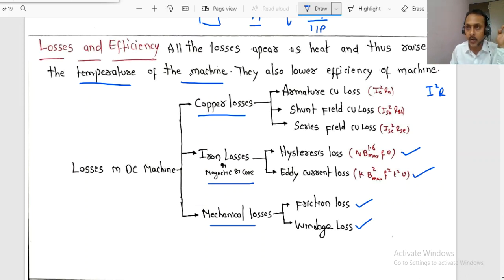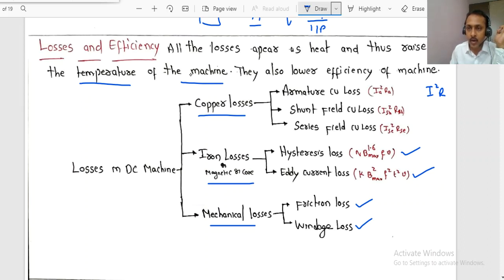Similarly, the shunt field winding is made up of some conducting material, so obviously it will have some resistance R. Because of the resistance offered by the material and the current flowing in it, I squared R amount of power will be wasted in the form of loss.